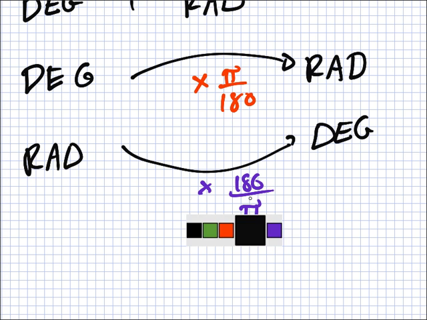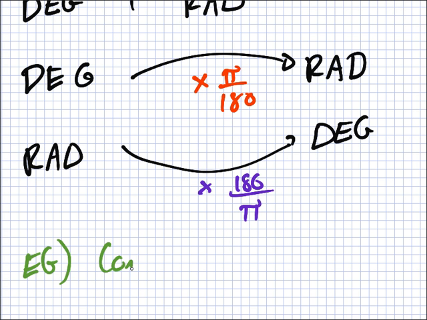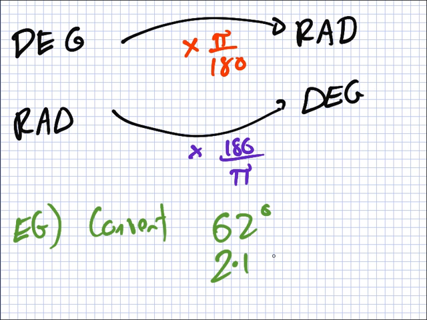Yeah. Now, I'll give you two quick examples just to practice. I want you to convert 62 degrees and 2.1 radians.